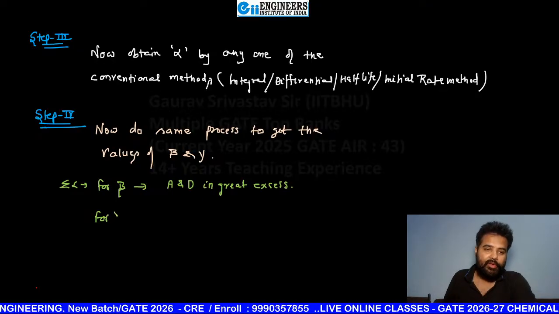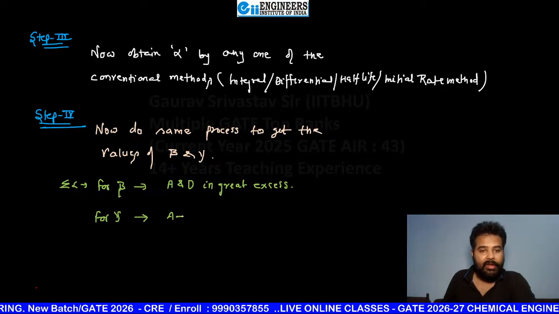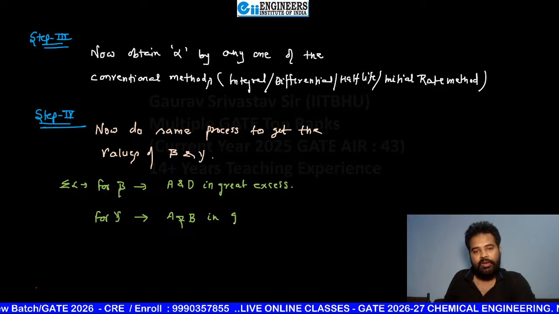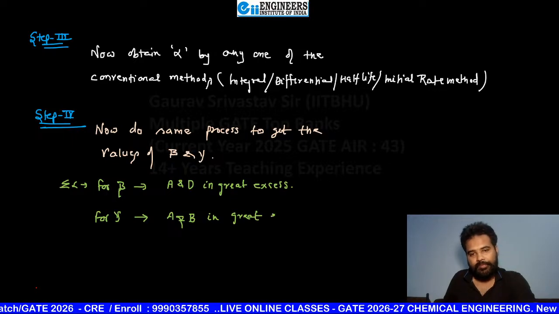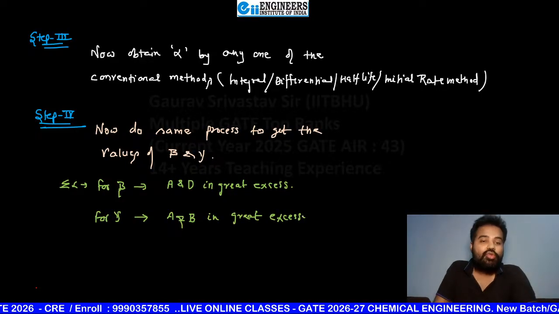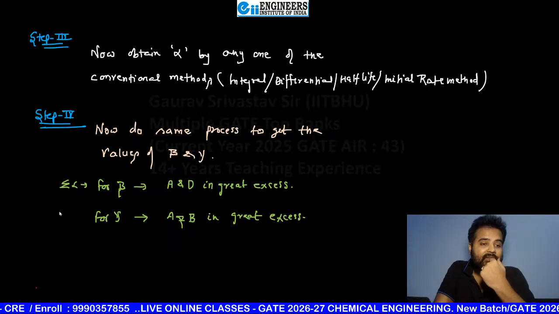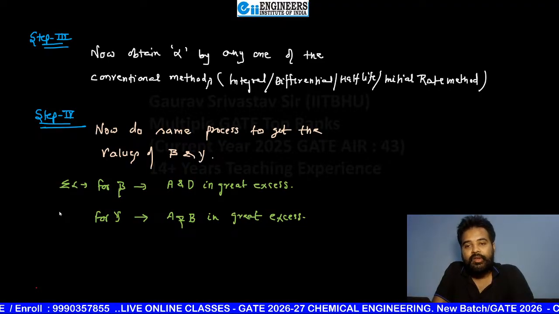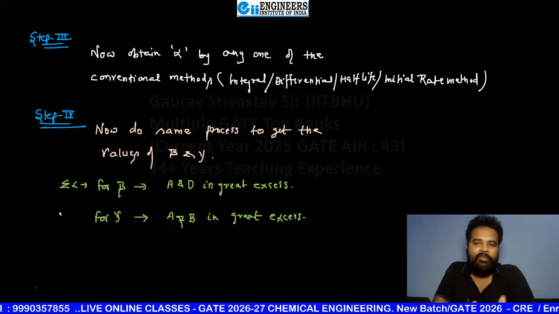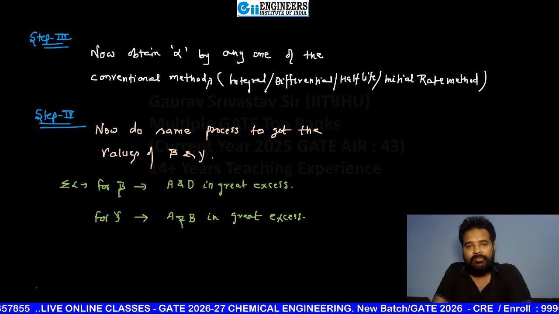And next, when you are going to obtain gamma, at that time A and B must be in great axis. This time they must be in great axis. Okay. So everyone is crystal clear in this Ostwald's isolation method? Very very easy. Similarly, you can obtain beta and gamma as you obtained alpha. It's very very easy.